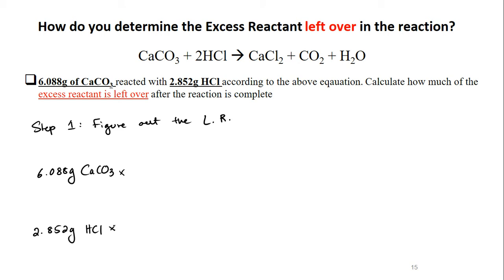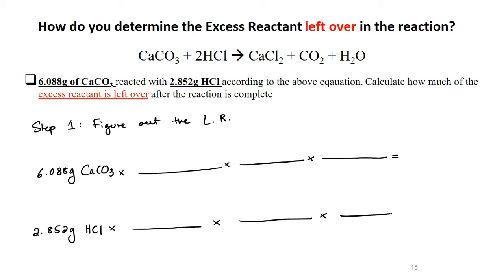So if you look at the chemical equation, you'll notice that there are, in fact, three different products. There's calcium chloride, carbon dioxide, and water. So you have your choice in which product you actually pick to do this calculation.